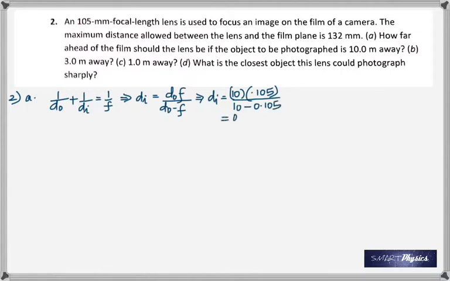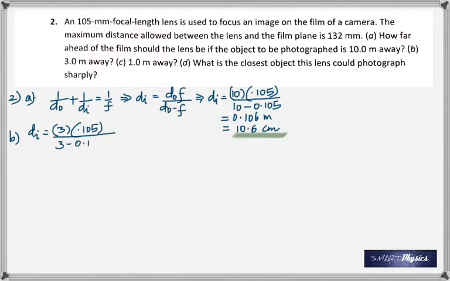Now I've converted 105 millimeters into meters, and that's also in meters now, so you get 10.6 centimeter. Same thing if the object is 3 meters away, just in place of 10 substitute 3 and then get the answer. Likewise for 1 meter away.